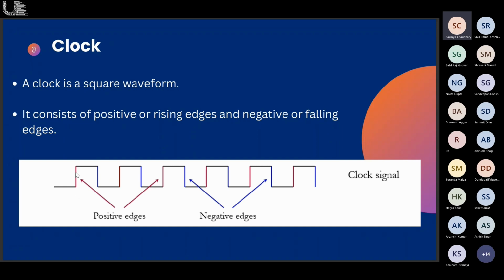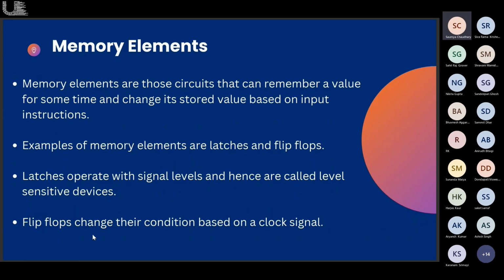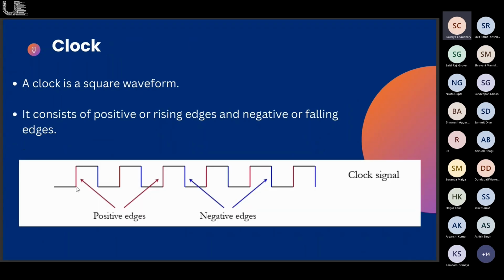And this one we call the negative edge, because it falls from 1 to 0. So as we have seen, flip-flops change their condition based on the clock signal, in the positive or negative edge. In this region, flip-flops will provide the output as the previous one only, and in this region, it will change the output based on the input.